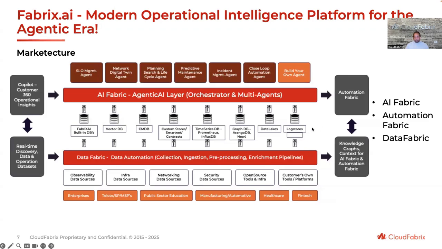We are able to leverage all of that, and the AI agents now have all of that data at their disposal to execute these agents through the automation fabric. The data fabric curates that data in the form of graph DBs, or the knowledge graphs, which the data fabric creates through the data pipelines.